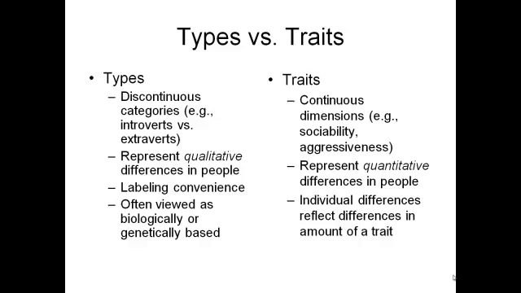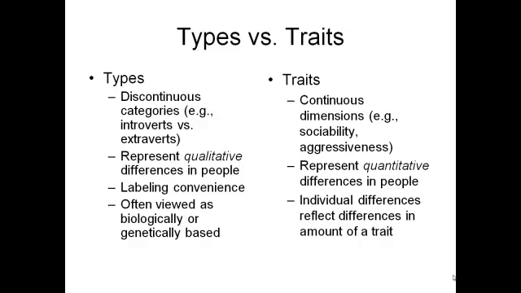Oftentimes you'll see personality described in terms of either types or traits. You've probably even heard of what a type A personality is, or a type B personality. And certainly Freud had his ideas about different types of personality based on psychosexual development, but we'll get to that later.